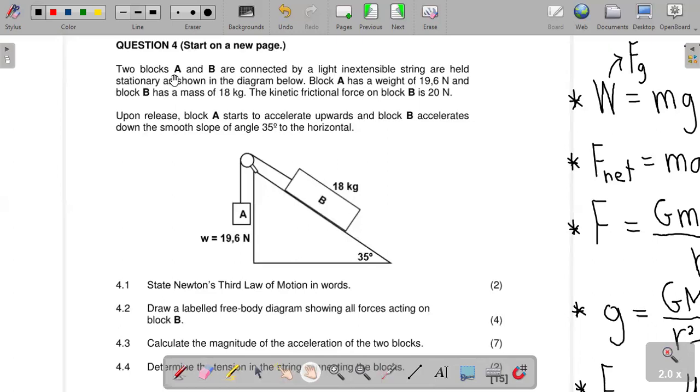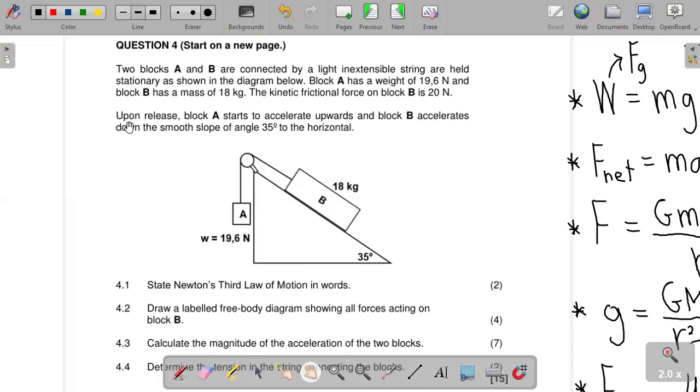So let's read the question together. They say two blocks, A and B, connected by a light inextensible string, are held stationary as shown in the diagram below. Block A has a weight of 19.6 newtons and block B has a mass of 18 kg. The kinetic frictional force on block B is 20 newtons.